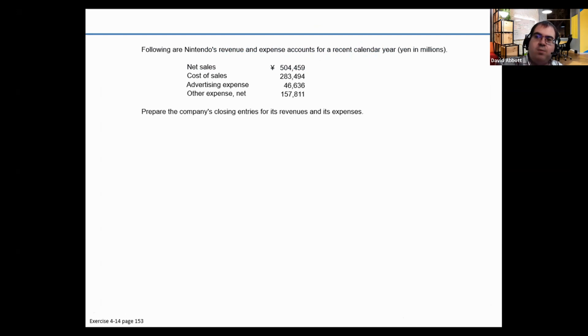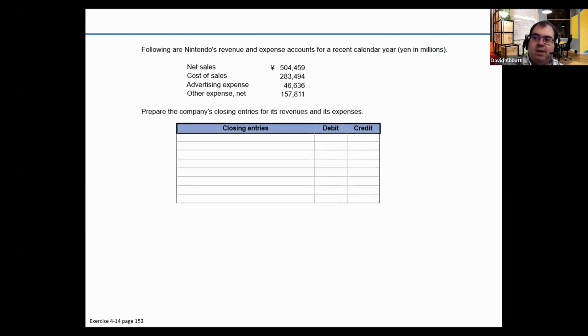So we'll prepare the company's closing entries for its revenue and expenses. We have net sales of $504,459. And then we'll credit the income summary. Because normally sales is a credit, but we want to clear it out. So we will debit. That closes out our revenues.